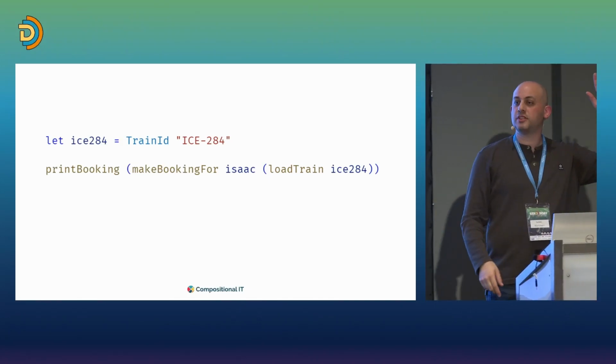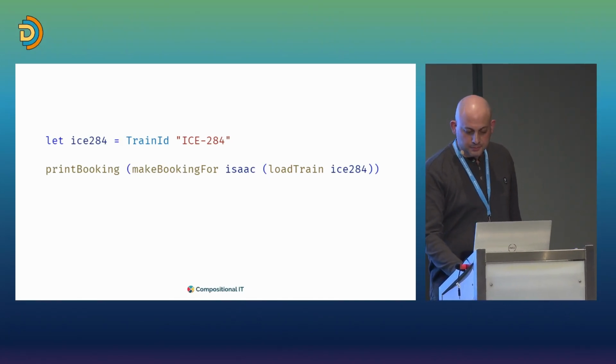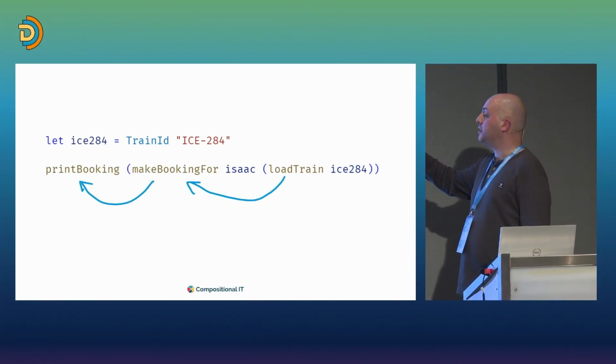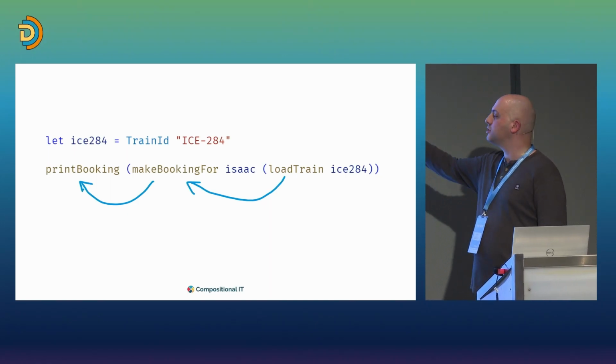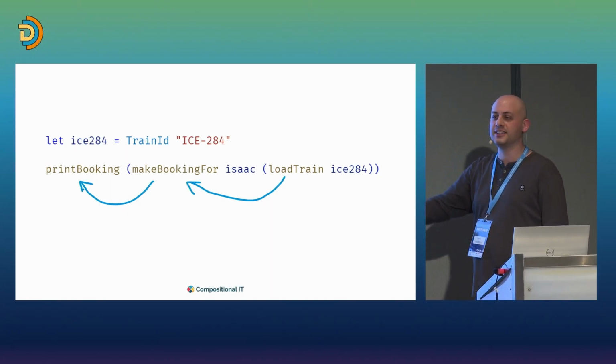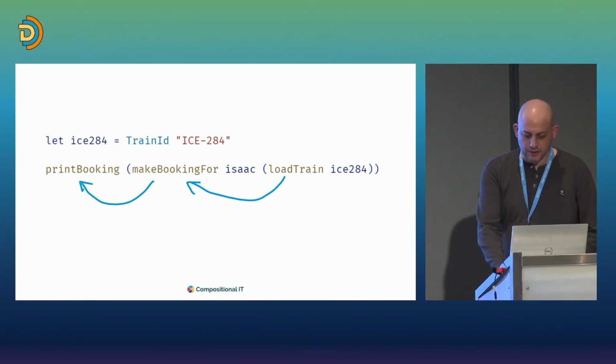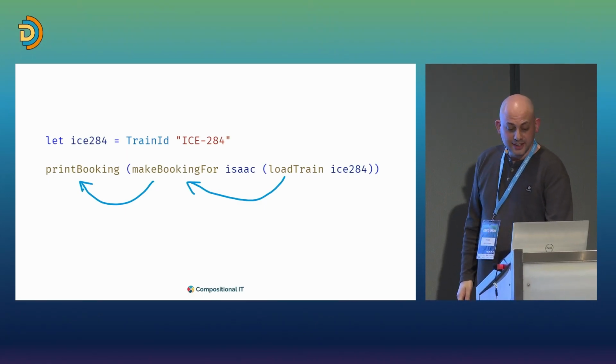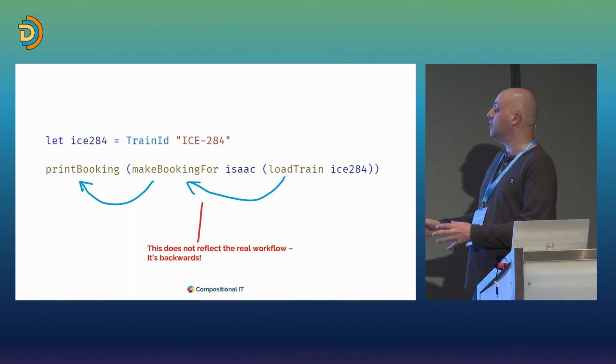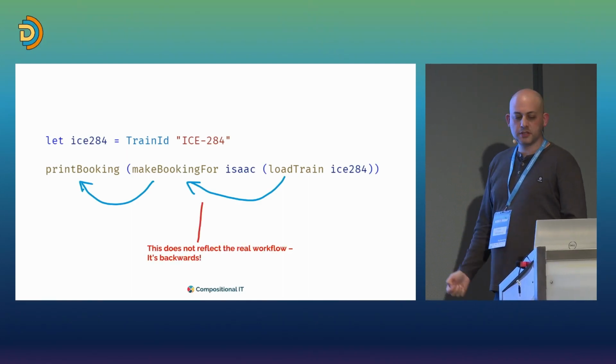Has anyone done this sort of stuff before? Yeah? Now, if we were writing in Arabic or Hebrew or something like that, where they do it right to left, that might make sense. Doesn't make sense in English, or even German for that matter. So this is not the real workflow, it's backwards.